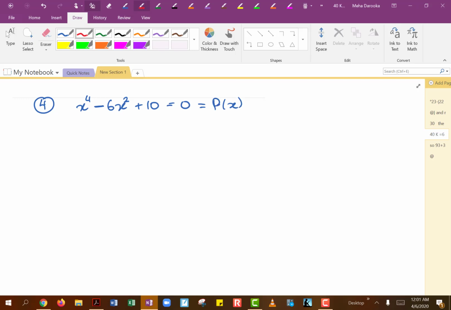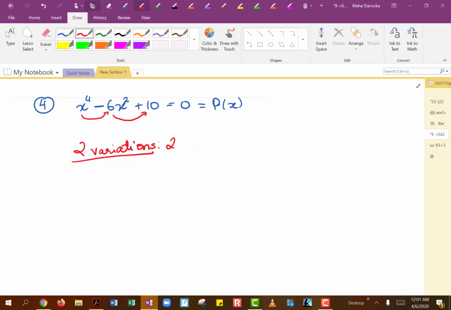You're going from positive x to the 4th to negative 6x squared. So that's one change. And then we are going from negative 6x squared to positive 10. So that's the second change. So that means we've got 2 variations here. 2 variations will mean 2.